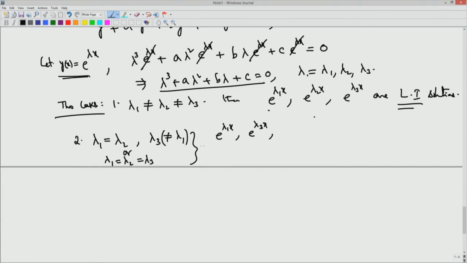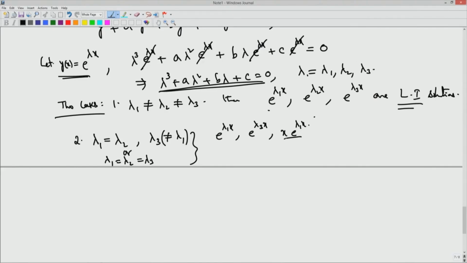But you have also seen that if there are repeated roots, x times e power lambda 1 x is also a solution. You can see this by substituting into the equation. Because if it is repeated, the polynomial can be written as lambda minus lambda 1 whole square into lambda minus lambda 3. You differentiate with respect to lambda and put lambda equal to lambda 1, and it is also 0.